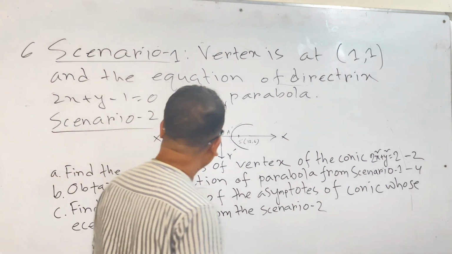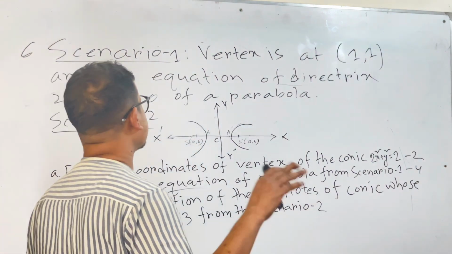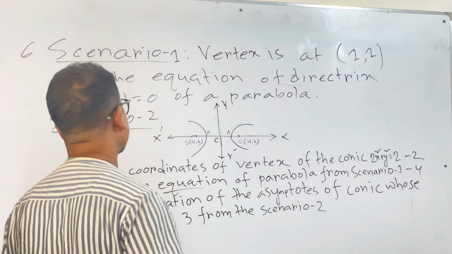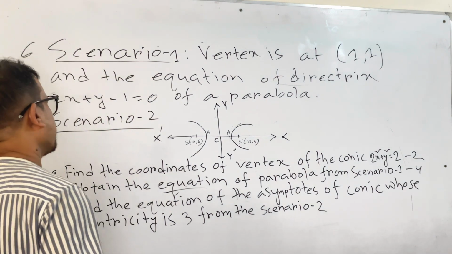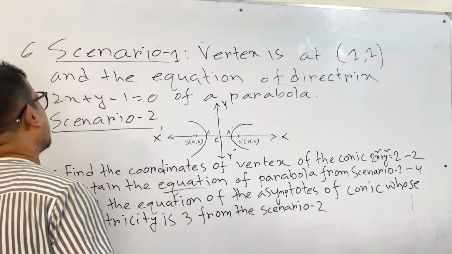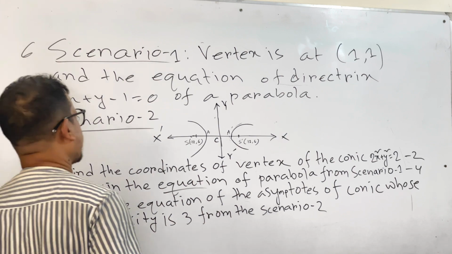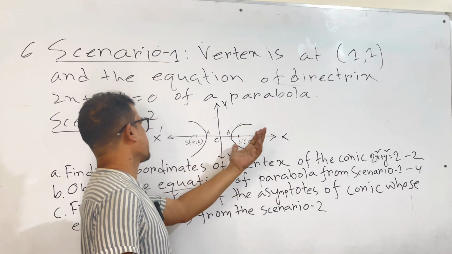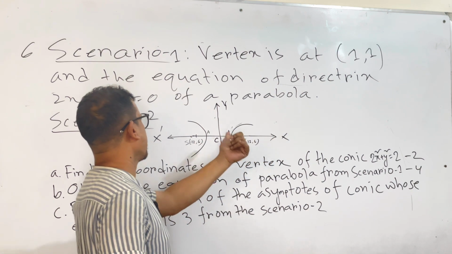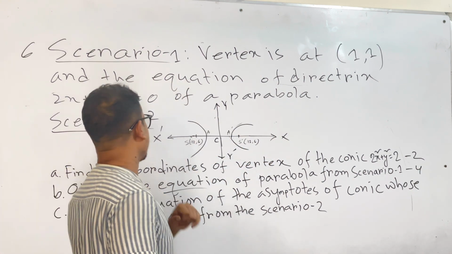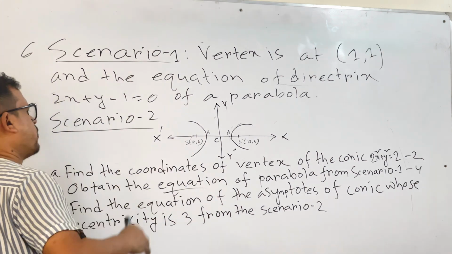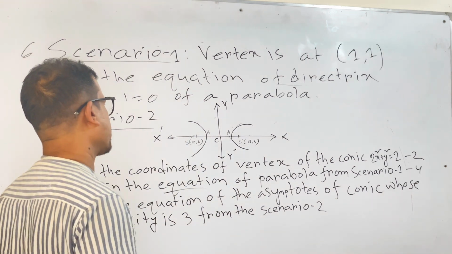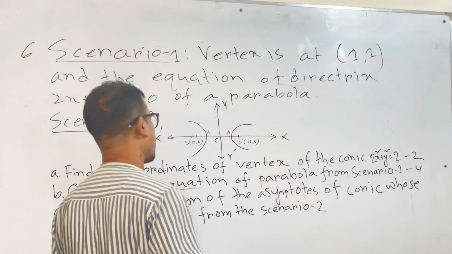I can say in scenario 1 the vertex is at (1, 1) and the equation of the directrix is 2x plus y minus 1 equal to 0 of a parabola. Scenario 2: x prime, y prime, S minus 12 6, S prime 12 6, A prime, C. Find the coordinates of the vertex of the conic 2x square plus y square equal to 2, which is mark 2.